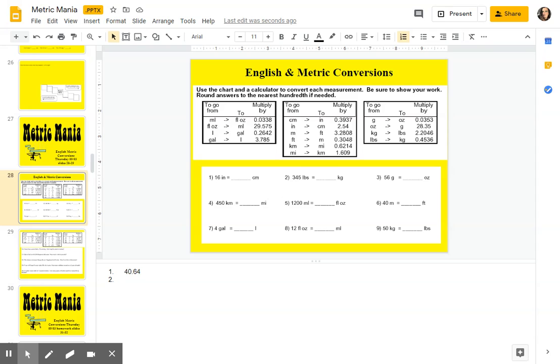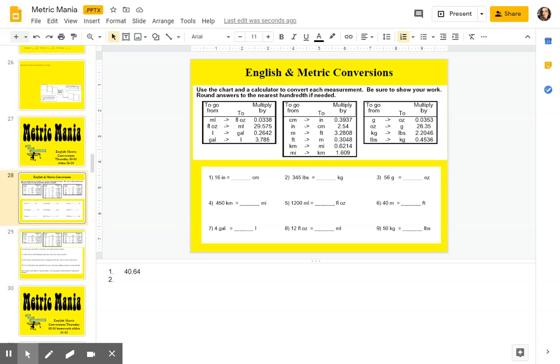So let's try this. We have 345 pounds, and we are going to turn it into kilograms. So we're going to say times 0.4536.